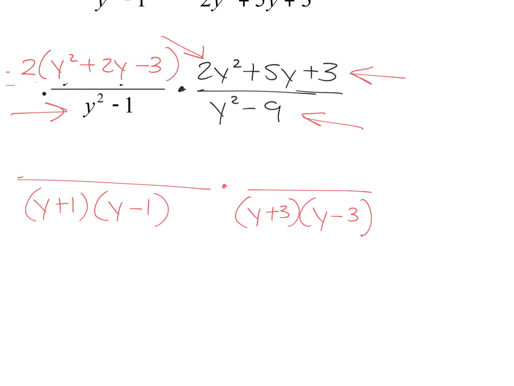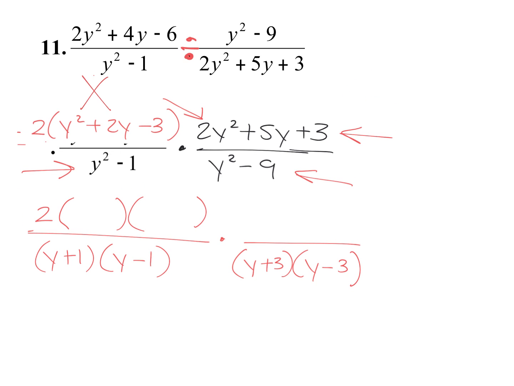Okay, so when we factor that top one, how does y squared plus 2y minus 3 factor? What can you multiply to get a negative 3 that you can add to get 2? 3 and negative 1. Y plus 3, y minus 1.